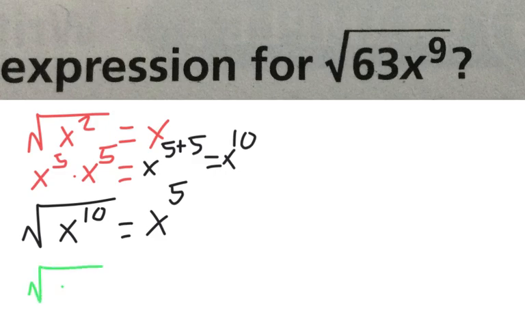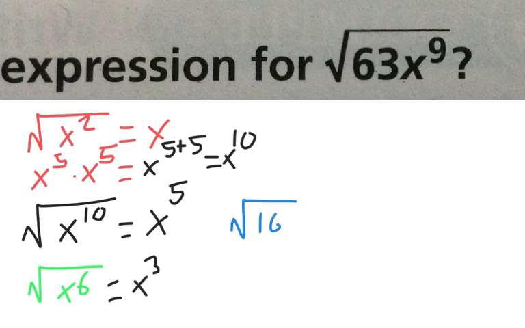What's the square root of x to the 6th? It is x to the 3rd. You divide by 2. Let me show you very quickly how it really works.